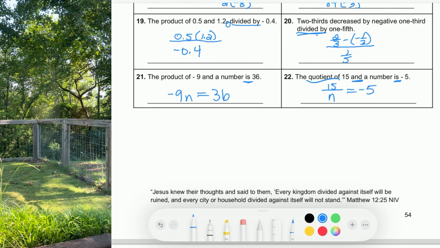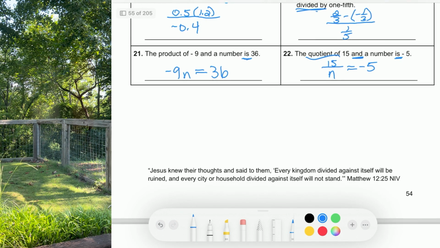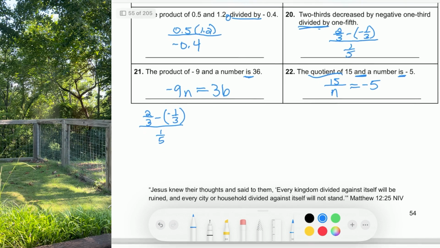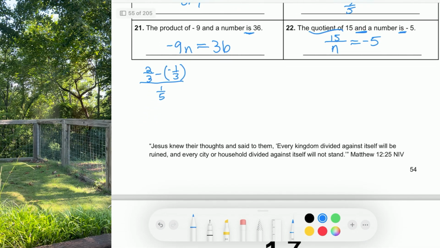All right, now let's solve number 20 so that you have an example of how to solve this type of problem. I want to make sure I copied it down correctly. The first thing I'm going to do is keep, change, so we can get rid of those negatives. So I have 2/3 plus 1/3 over 1/5.